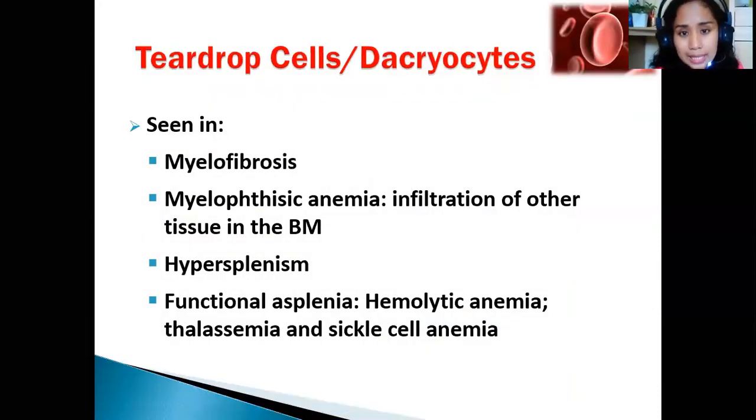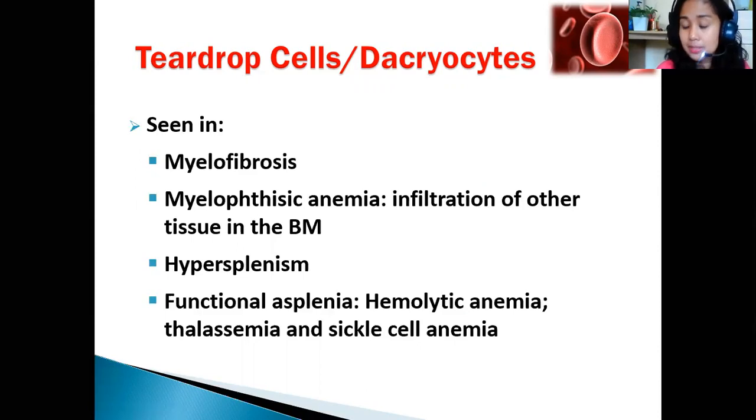Class, it's seen in myelofibrosis, myelophthisic anemia, hypersplenism, functional asplenia. Ang dinagdag ko dito is functional asplenia. In myelofibrosis and myelophthisic anemia, there is an infiltration in the bone marrow. Pag myelofibrosis, there is increased connective tissue in the bone marrow.